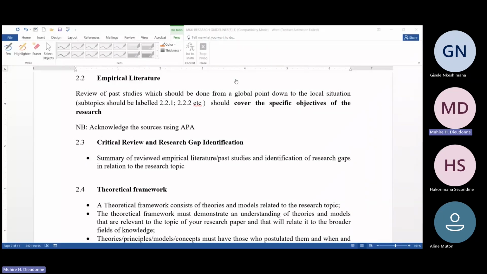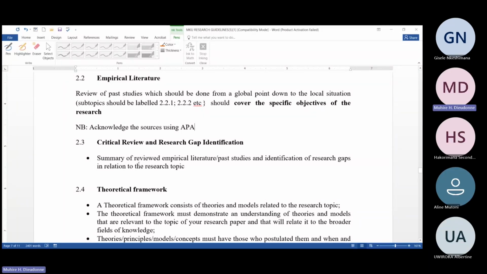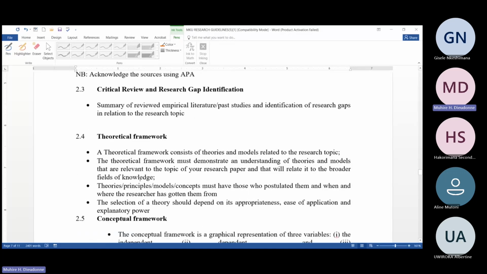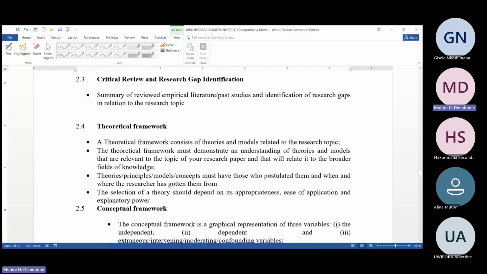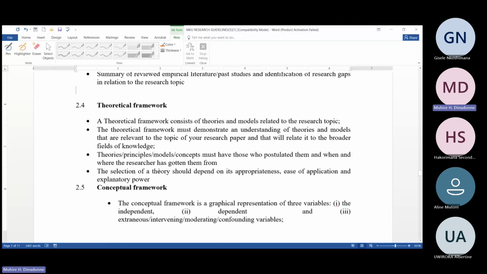The critical review and gap is where we summarize and review the empirical literature and past studies to identify the gap in relationship with the topic. It is where you show what other studies showed and what the gap is, because the research must come to cover the gap.